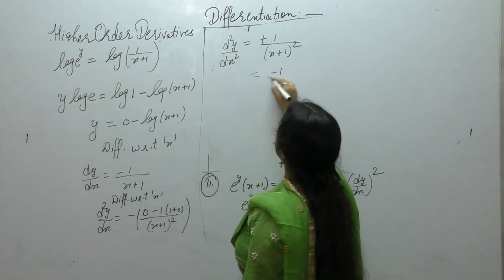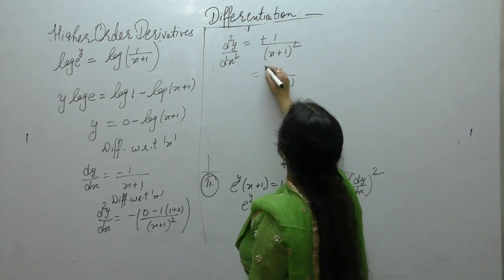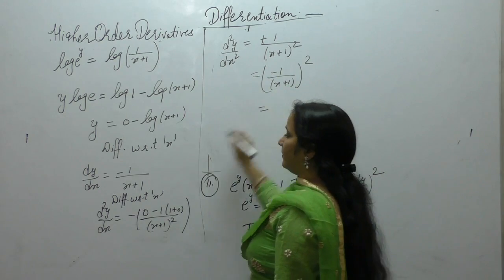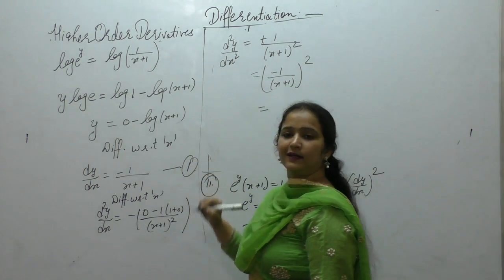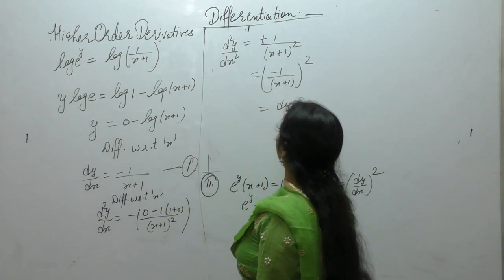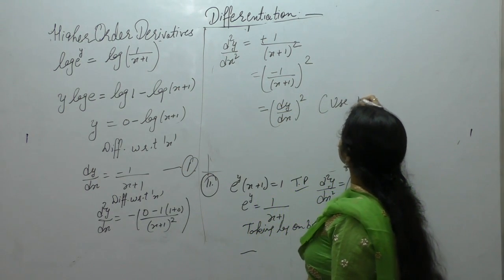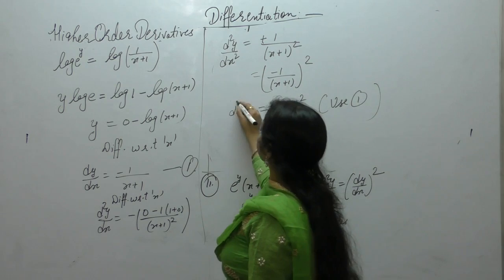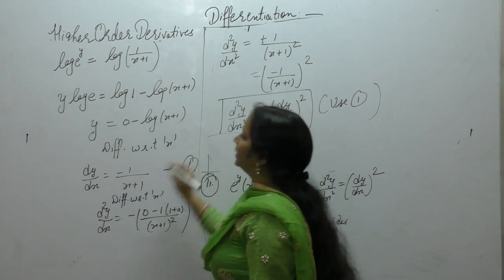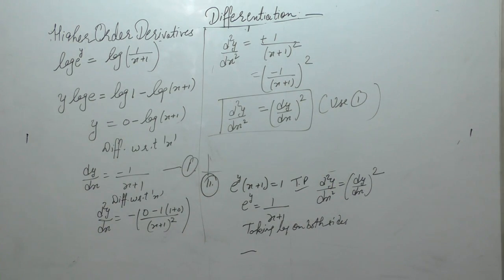We can write it as minus 1 upon x plus 1 whole square. Minus 1 upon x plus 1 is the value of dy upon dx, whole square. So this is what we want to prove. d square y upon dx square is equal to dy upon dx whole square.